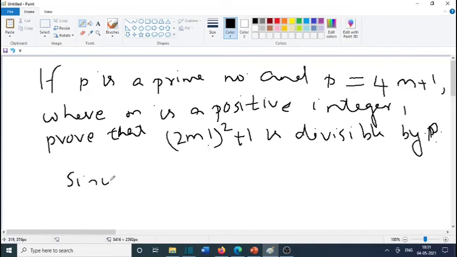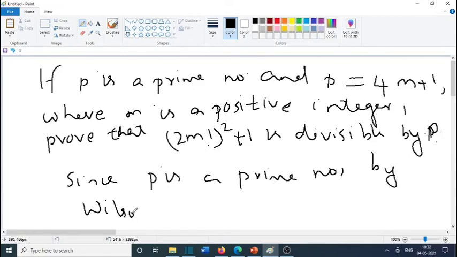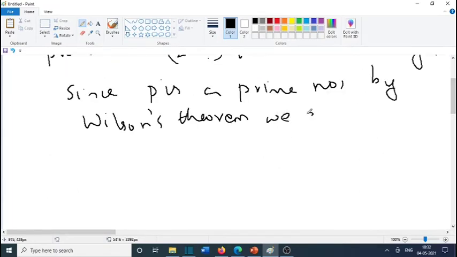Since p is a prime number, by Wilson's theorem we get p minus 1 factorial congruent to minus 1 mod p.